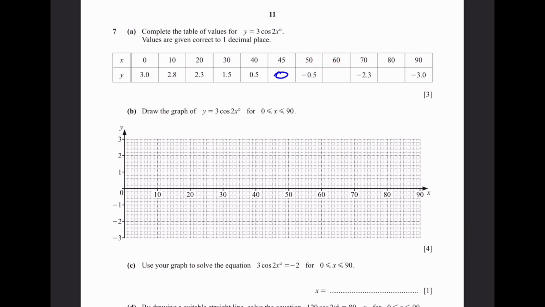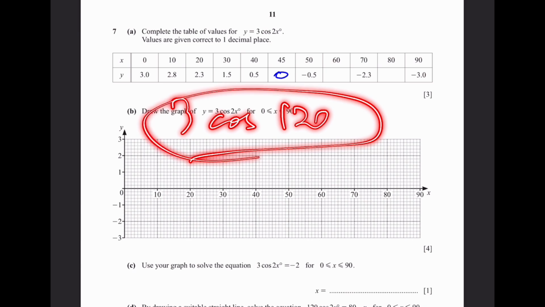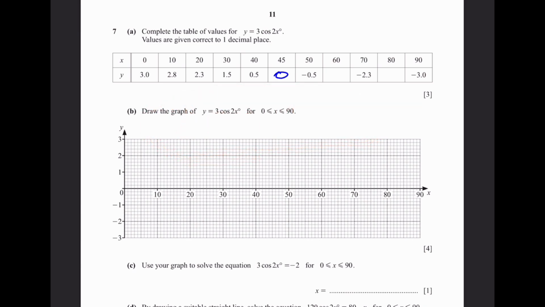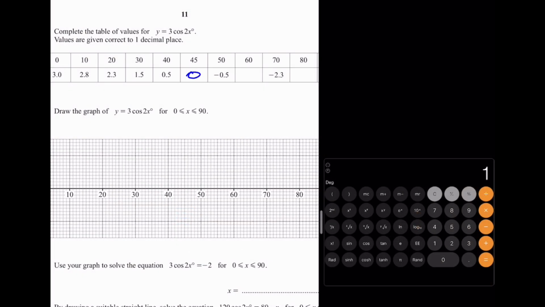Now for x equals 60, 3 times cosine of 120, and using our calculator or using your knowledge of the basic trigonometric values for 30-degree intervals of any given trig function, that's just negative 1.5.